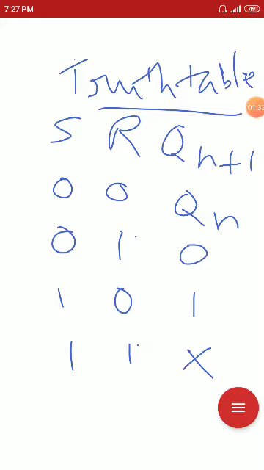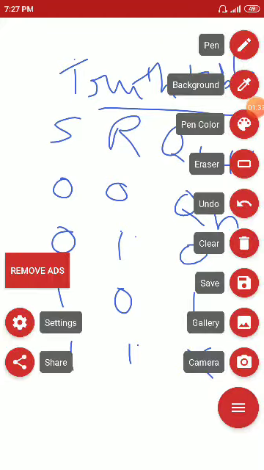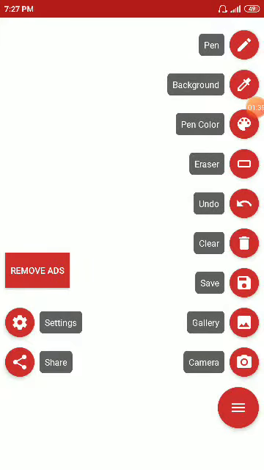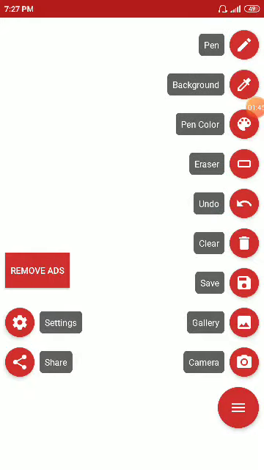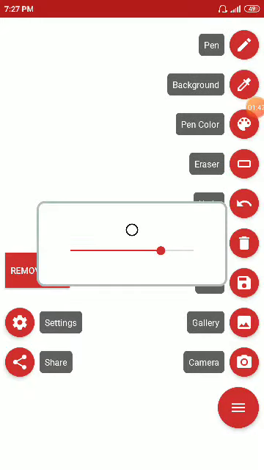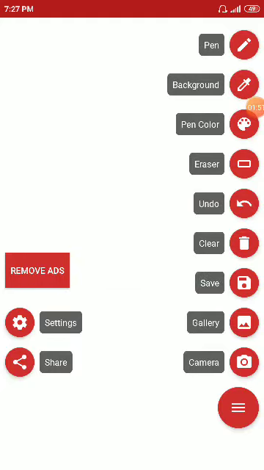Now we shall see what is meant by the excitation table of an SR flip flop. To write the excitation table, first we must know the present state and next state.